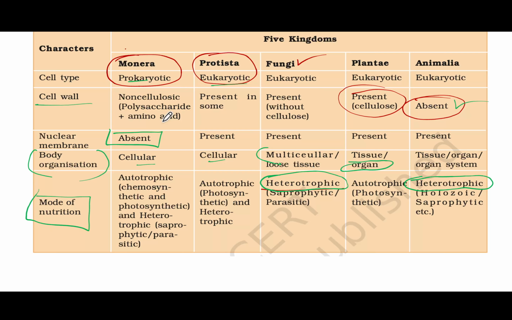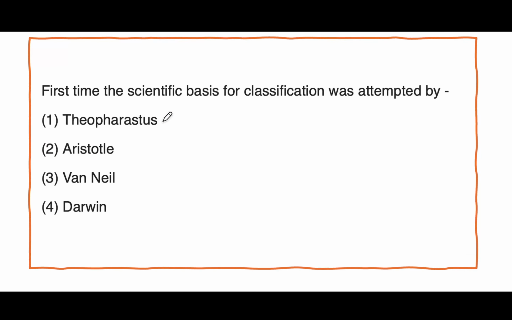Let's solve certain questions related to the five kingdom classification system and the other two classification systems given by Aristotle and Linnaeus. So the very first question: the first time the scientific basis for classification was attempted by whom? Tell me the correct answer. Is it Darwin or Aristotle? Obviously Aristotle, right?